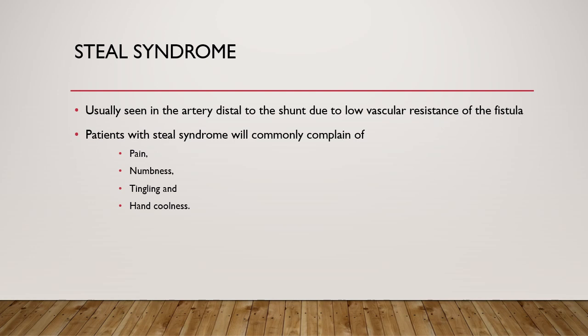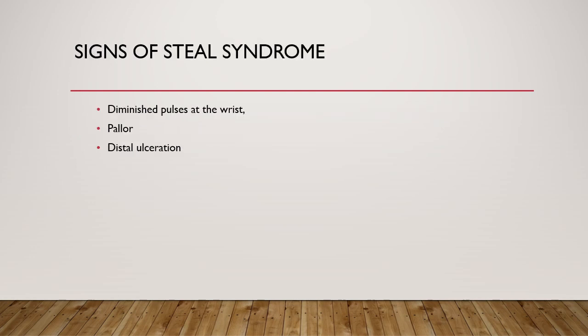Patients with steal syndrome will commonly complain of pain, numbness, tingling, and hand coolness. They would also have signs that include diminished pulses at the wrist, pallor, and distal ulceration, which could be a finger ulcer or thumb ulceration.